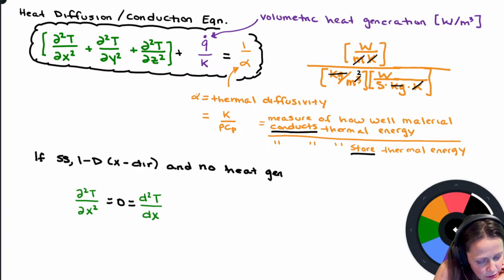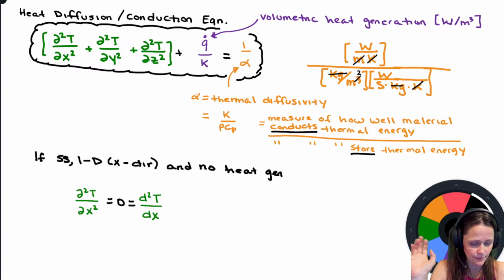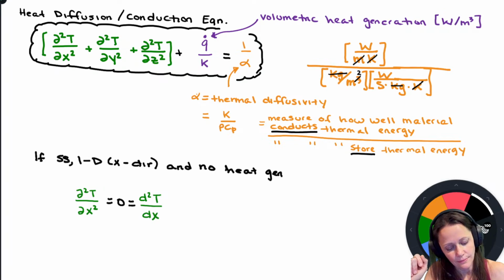I'm wanting to know why my second is not on the right thing. It's ending up in the wrong place. So I'll have meters squared on the top. Is it because it's one over thermal diffusivity?